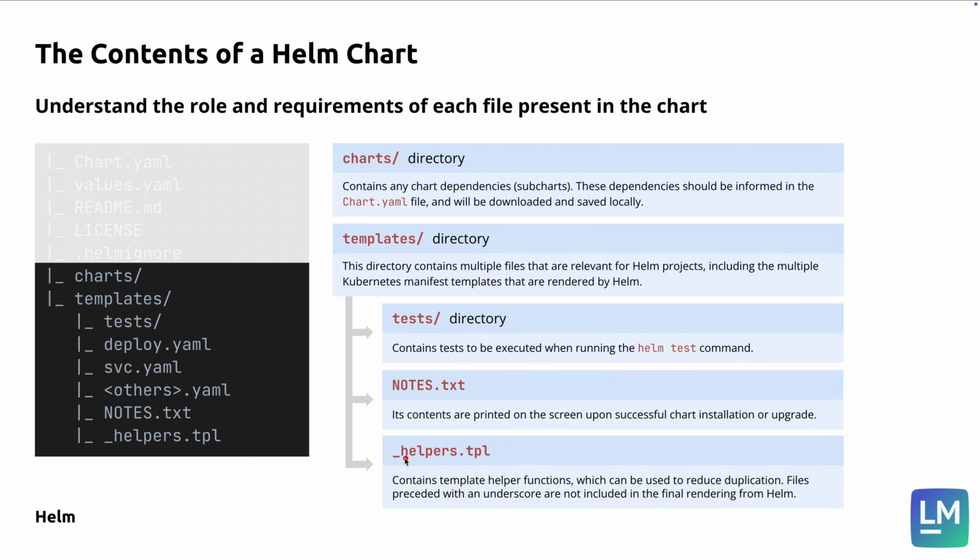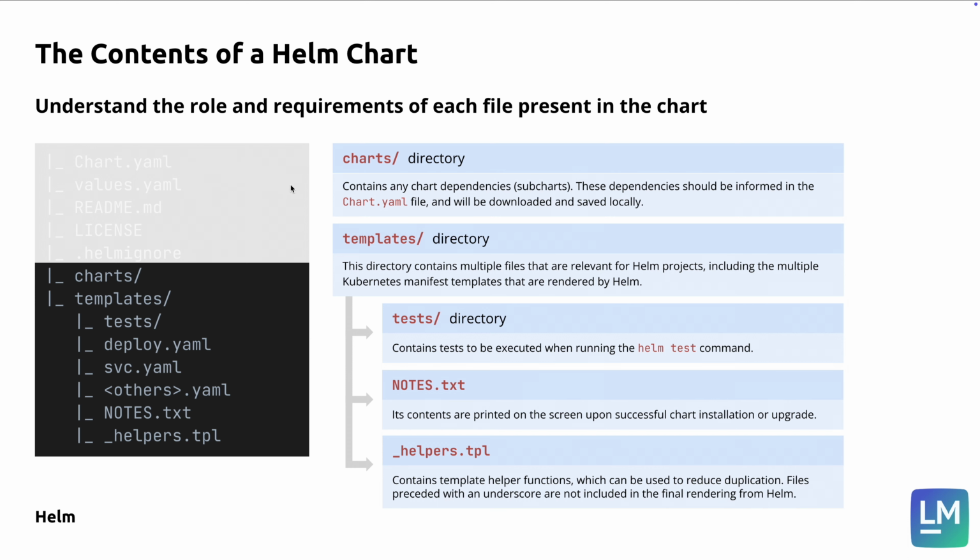The files that are preceded with an underscore, that's the key here, are not included in the final rendering from Helm. Later on we will see how the helm template command can be used to generate the Kubernetes manifests, and we will also see that whenever we have an underscore in front of the file, the contents of that file are assumed not to be Kubernetes manifests, and they are not included in the final result of the helm template command.